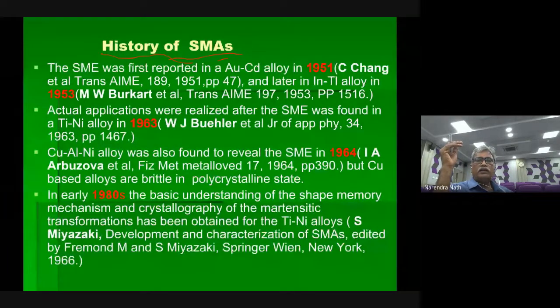So the first reported material is the AuCd alloy in 1951. They found the shape memory effect in 1951, but at that time there was not much usage, they just identified it. Then they noticed it again in this alloy in 1953, and later on actual applications were realized.